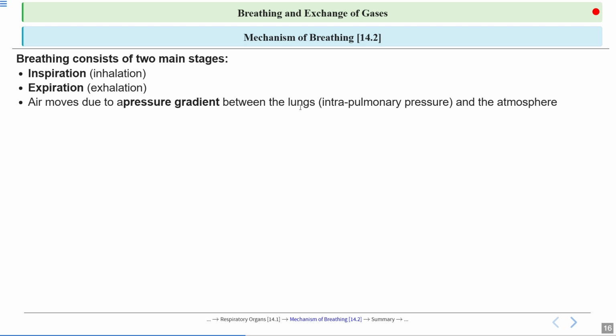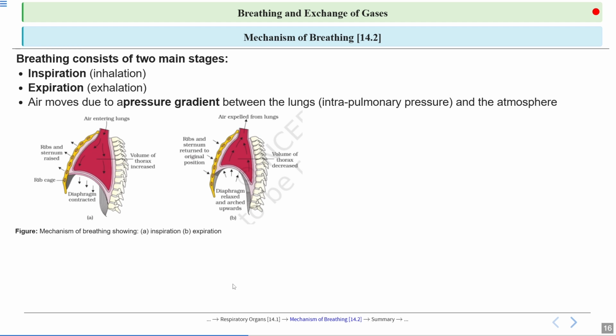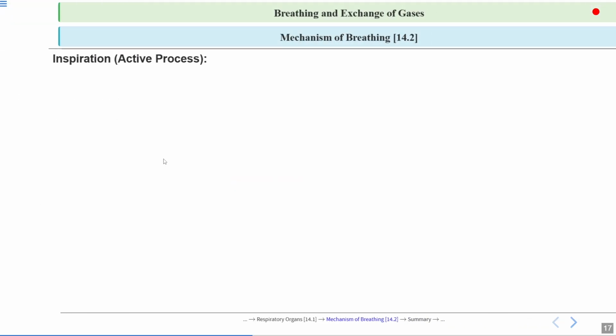The pressure which is developed within the lungs is known as intrapulmonary pressure. Clear? So we will discuss this image as well.